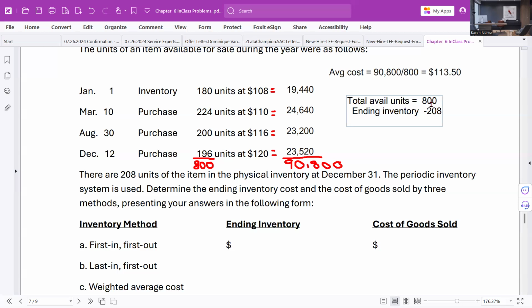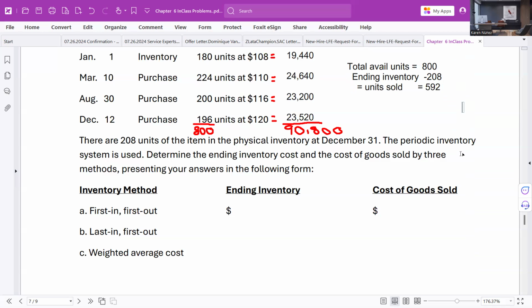So if we only had available 800, but we get to the end of the period and there's only 208 left, then that means we sold 592 units. That's what we sold.